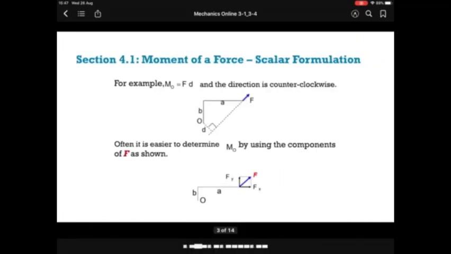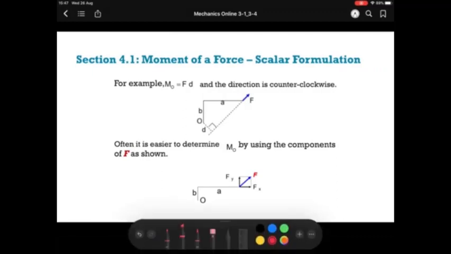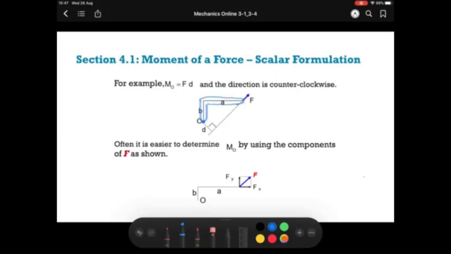For example, you have the considered point at O here, and then you have some object that gives you A and B in terms of the coordinates. The distance d will be this term, the shortest distance that makes 90 degrees with the line of the force, which is this one.